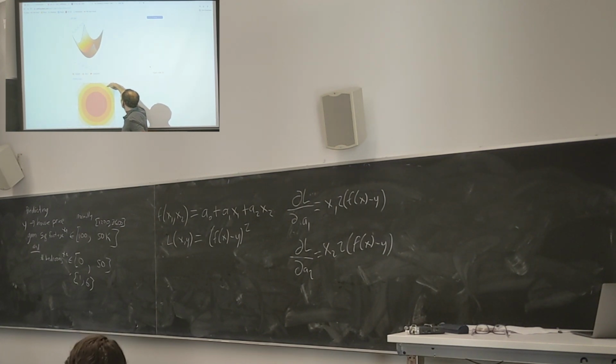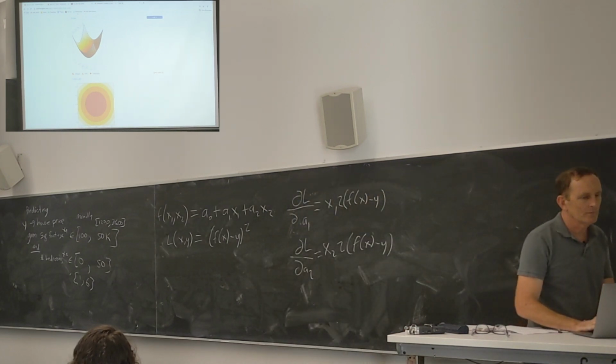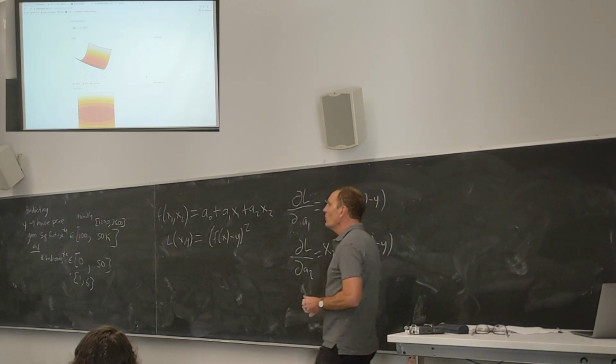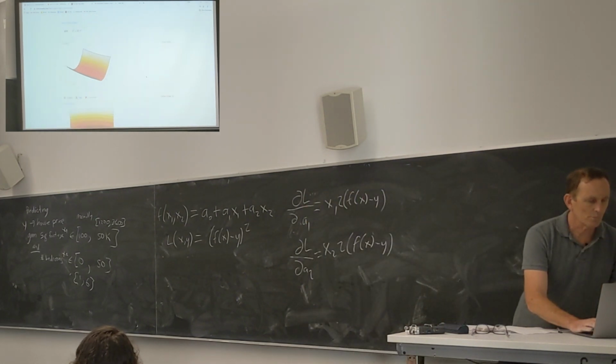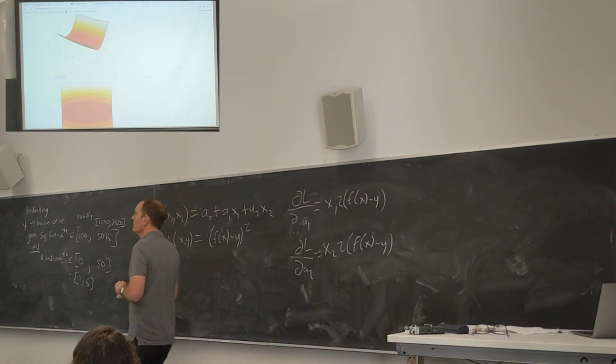So if we are here and we look at the gradient, we have the x direction and the y direction, and we just go directly towards the center when we follow the gradient. But if we stretch it, if we have instead something that looks like this, where our gradients are very different in magnitude.